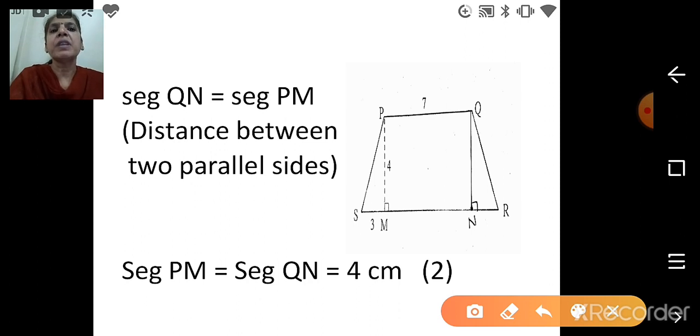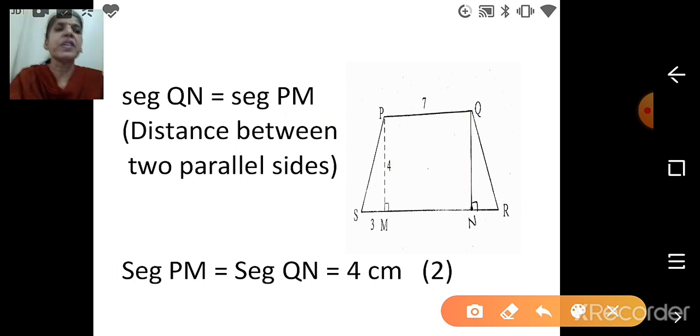So this is nothing but the height of the trapezium, and QN and PM will become equal in length. So segment QN and segment PM are equal.